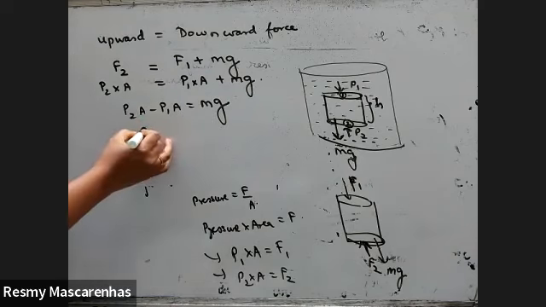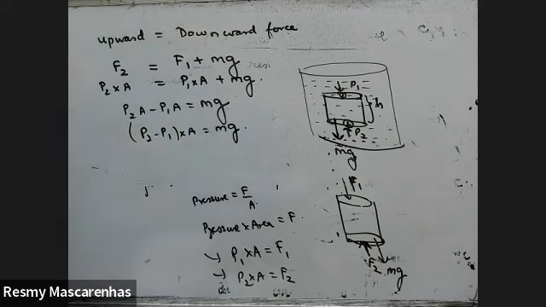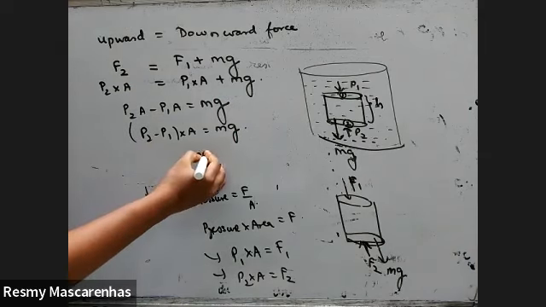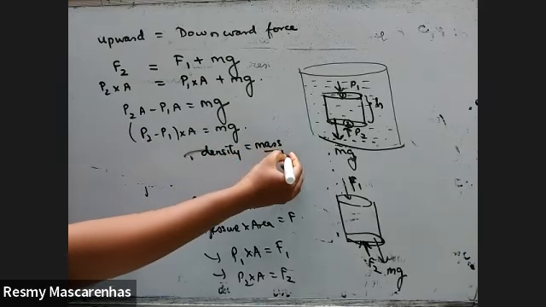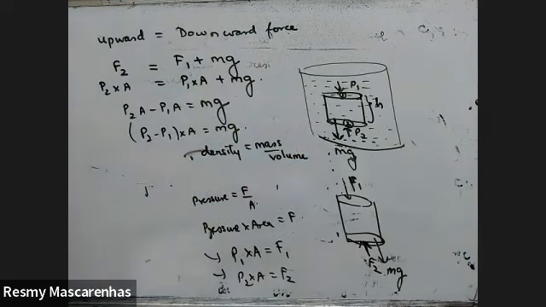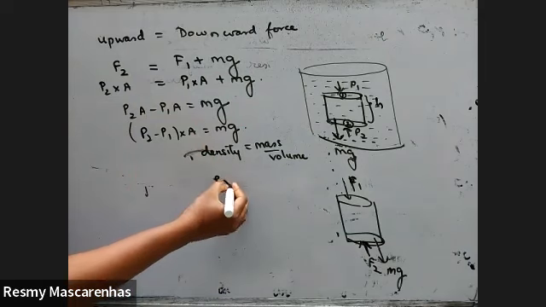A is common. We always know that density is mass upon volume. So mass will be density into volume.